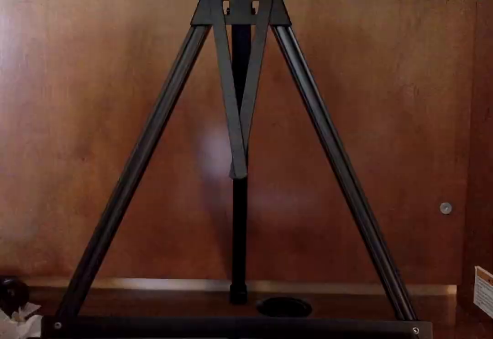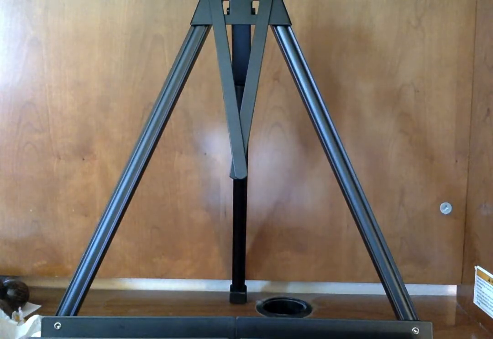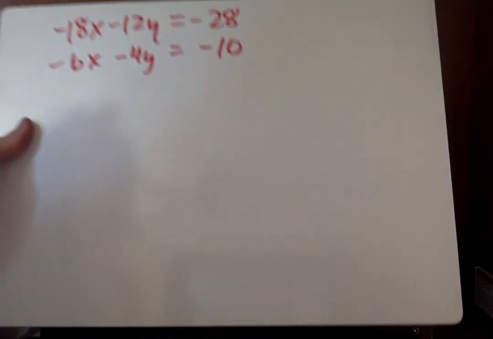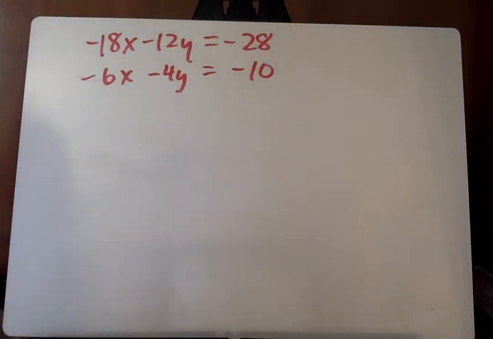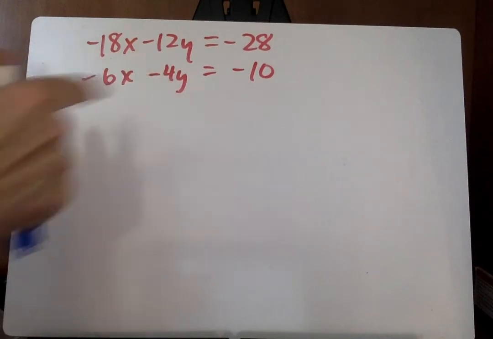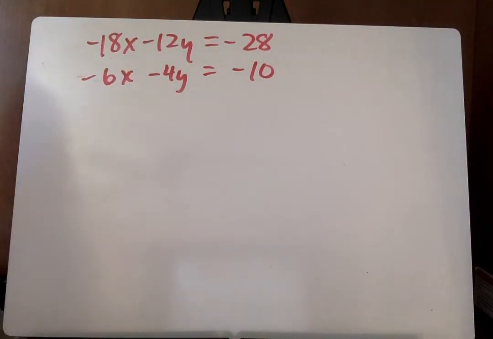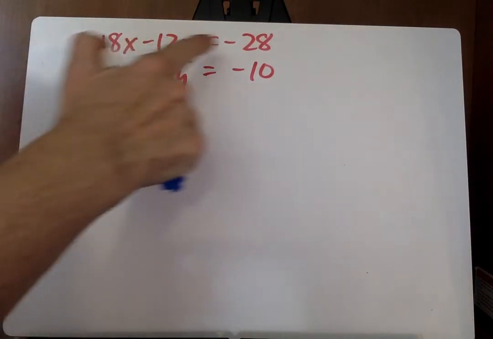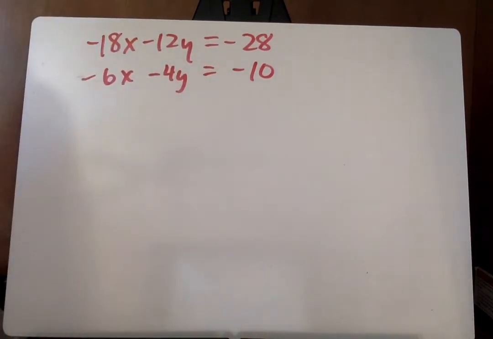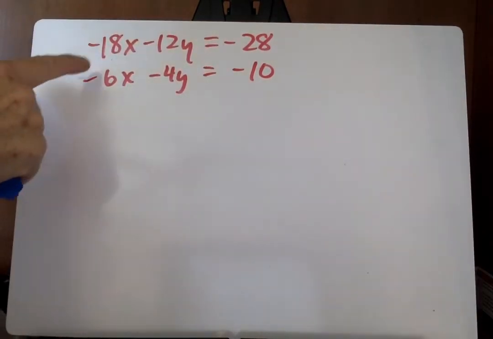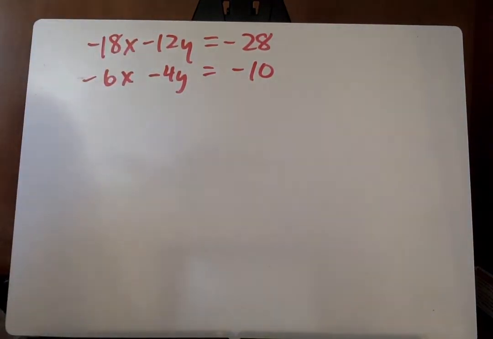Okay, let's go through our steps one more time. Do the x values make a zero pair? No. Do the y values make a zero pair? No. Can you make the x or y values a zero pair by multiplying one equation by -1? No. So now I need to figure out if I want to eliminate the x's or the y's.